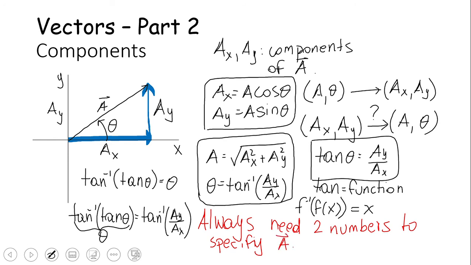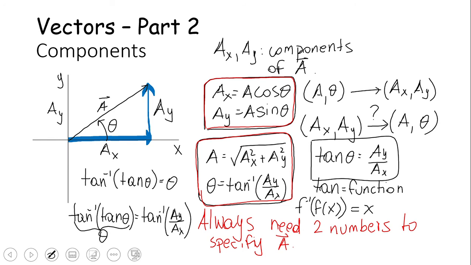If we were dealing with vectors in 3 dimensions, you would need 3 numbers, and more abstractly, if you deal with vectors in n dimensions, you would need n numbers. But for us, we're never going to do that, so all that we need to understand is that there's a way to go from the magnitude and direction to the components, and another way to go from the components to the magnitude and direction. But the key point here is that you always need 2 numbers.